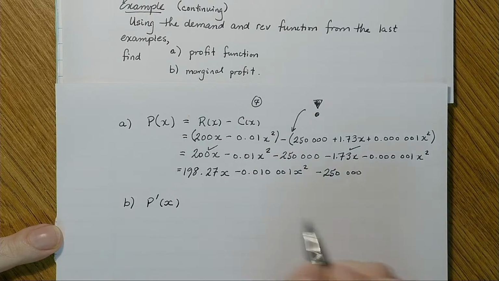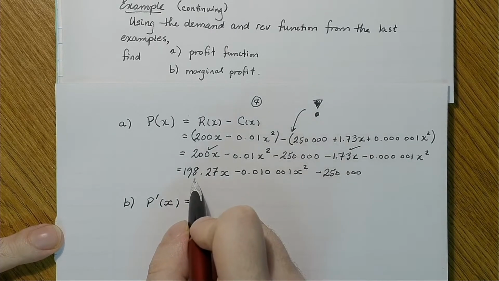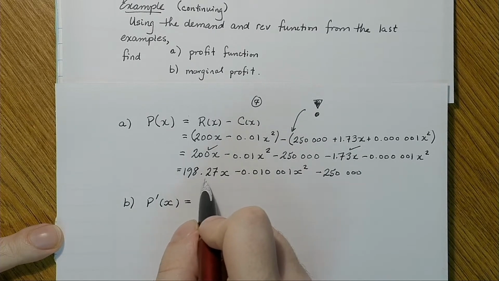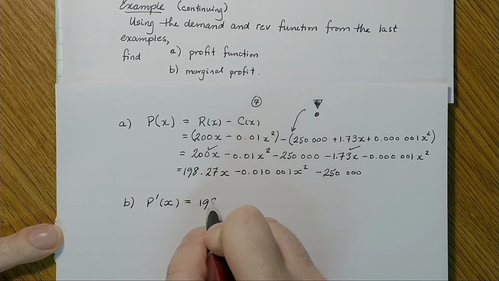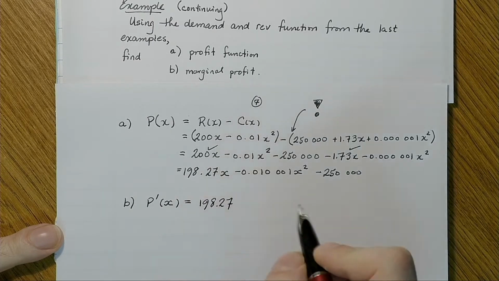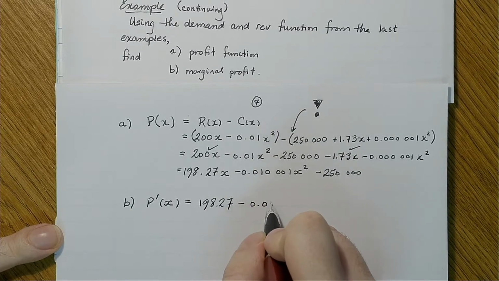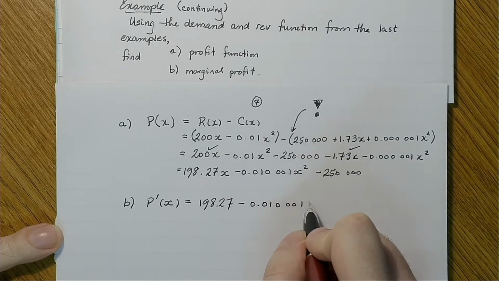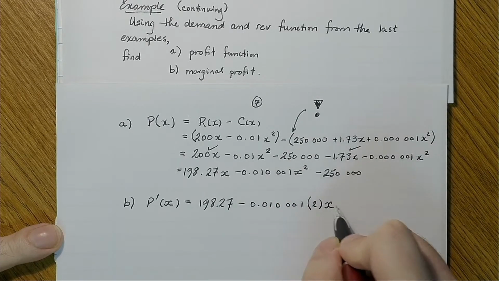Let's take the derivative of that, which would give me my marginal profit. Taking the derivative of this is, you know, 198.27 times x is just 198.27, minus, I have all that in front there, multiplied by 2, so the 2 comes down in front, and I'm left with x.